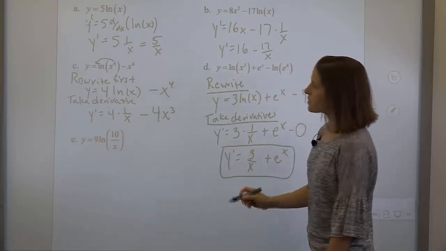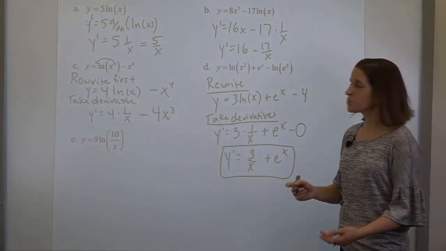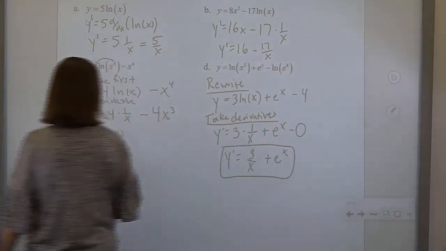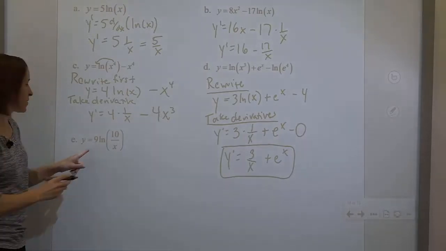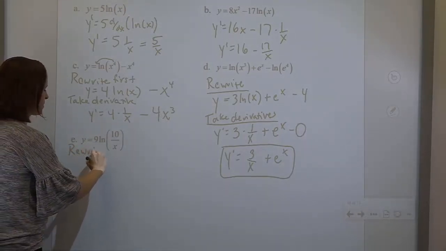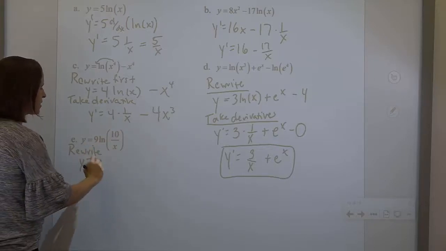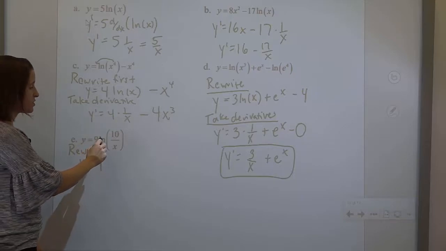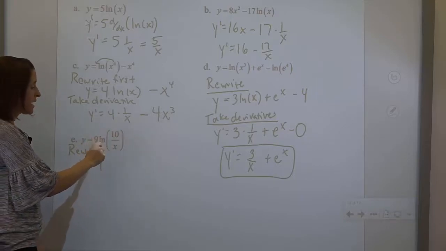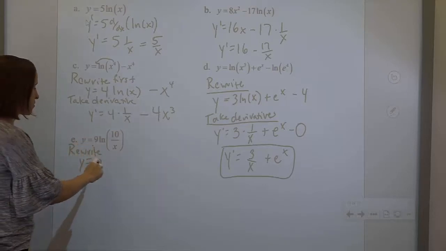And then the last one is when we're going to get to use that other rule that we recapped from laws of logs. We need to be careful with the 9 as well, though. So first we are rewriting, and we might take a couple steps to do that. So when we go to use the rule that says we do ln of the numerator minus ln of the denominator, I have to be careful because the 9 was getting multiplied by the whole thing.